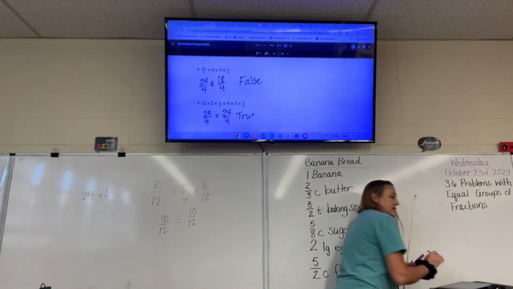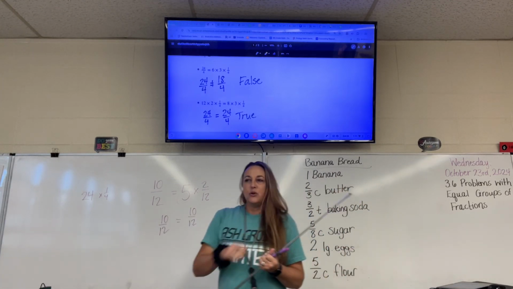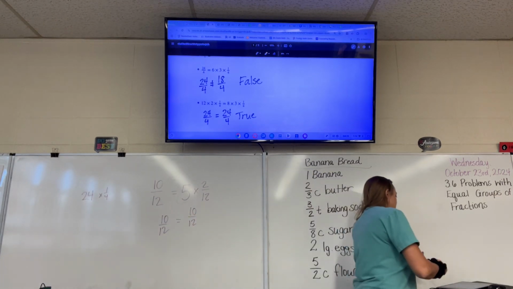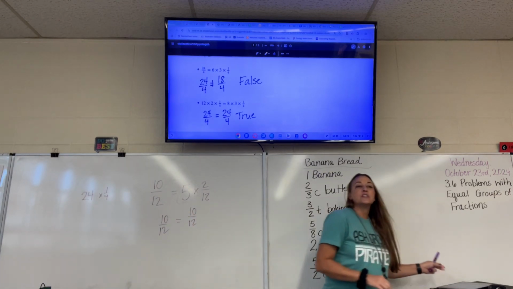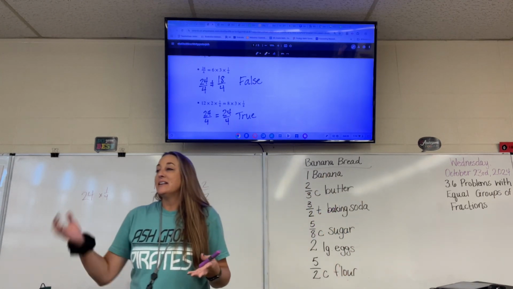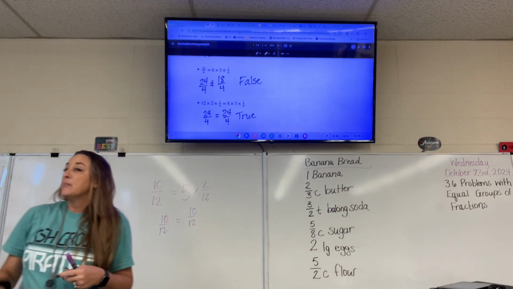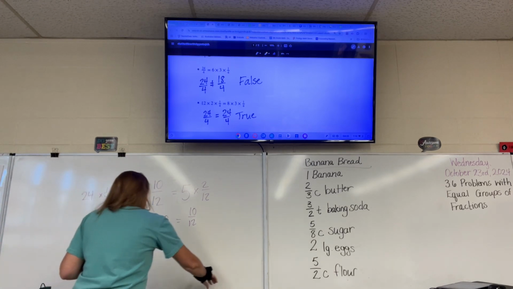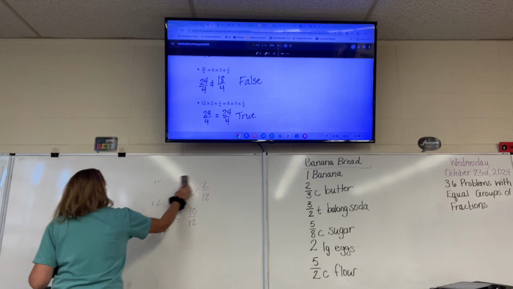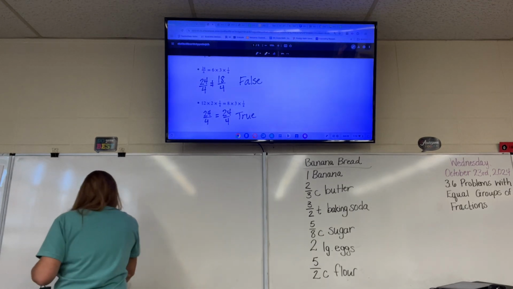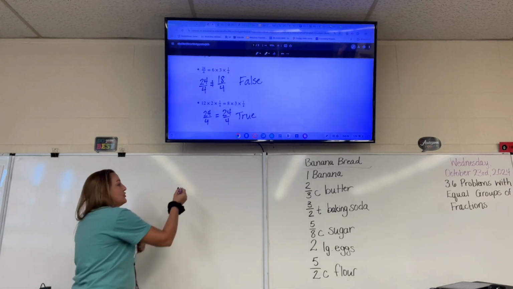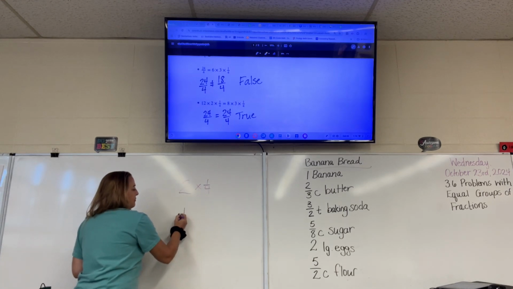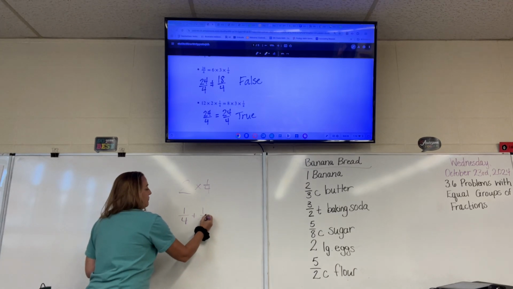All right. Does that make sense, guys? How you just multiply them together. And we know that multiplying a whole number times a fraction is basically just saying that number of groups of that fraction. So for example, real quick, if I have 2 groups of 1/4, that would be like 1/4 plus 1/4.